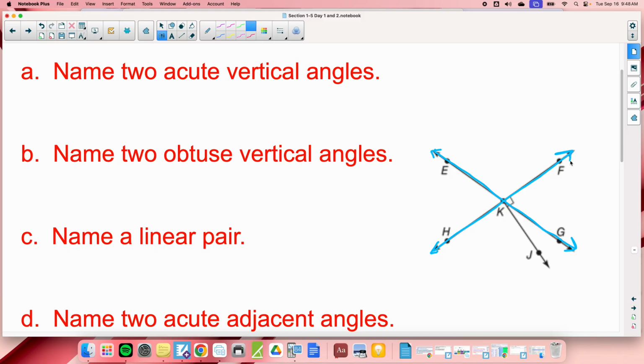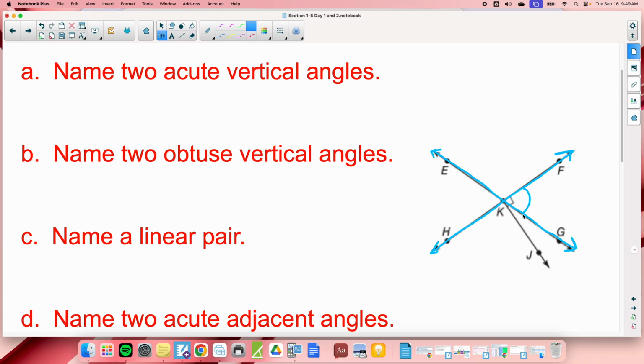Okay. Do you guys see an angle that we can tell from the diagram is less than 90? Yeah, what is it? FKG. FKG. Do you guys see that? This is 90 going here, so that means this has to be less than 90, so it's acute. This one right here. And then they want the other vertical angle.